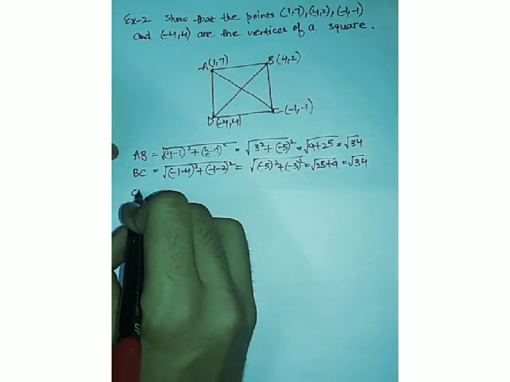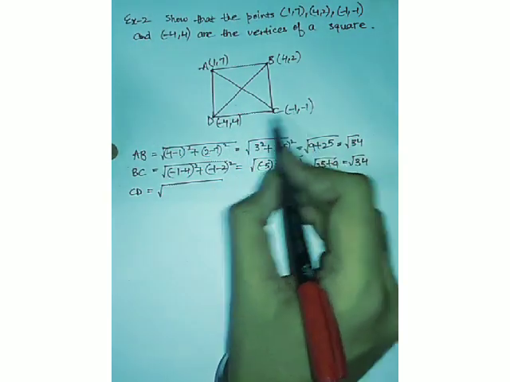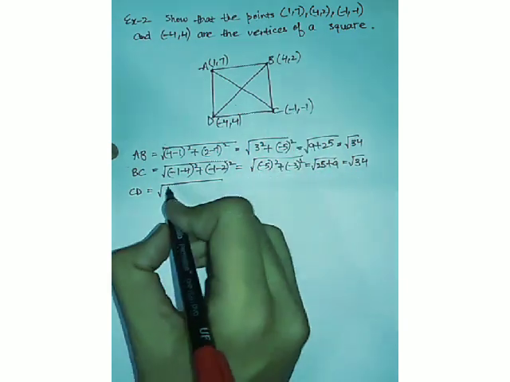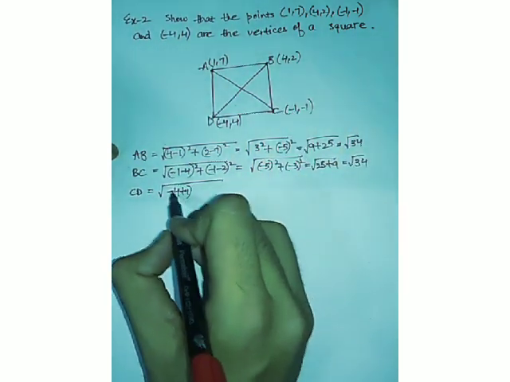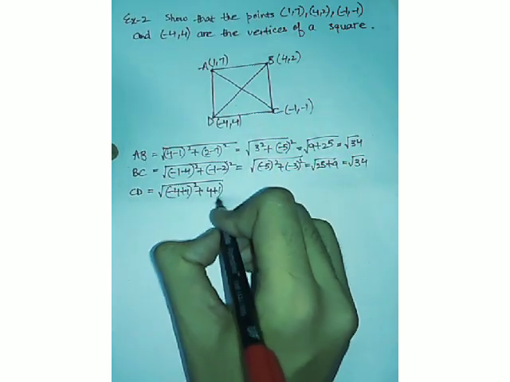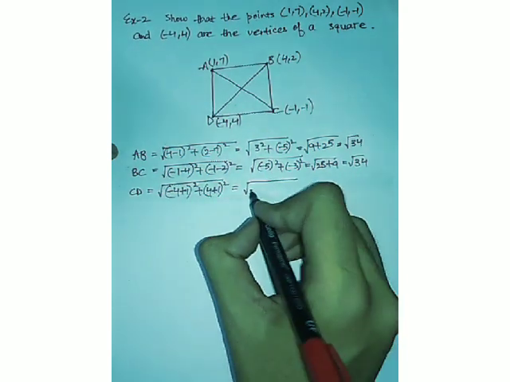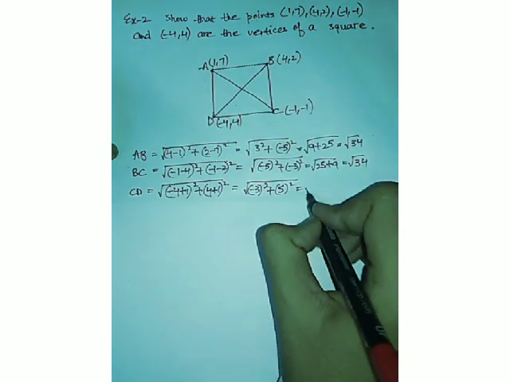Then CD, apply the distance formula. Now this will be x2 y2 and x1 y1. Minus 4 minus minus 1, that will be minus 3 whole square, plus 4 minus minus 1, that will be 4 plus 1, 5 whole square.